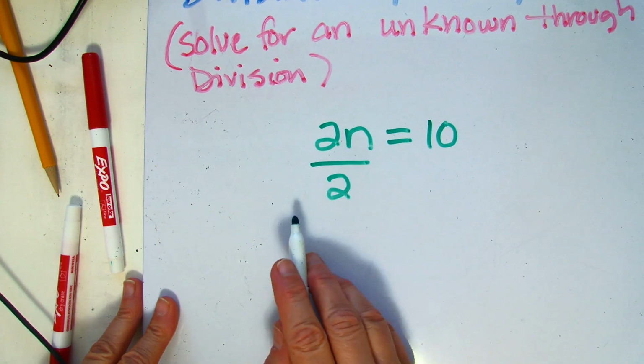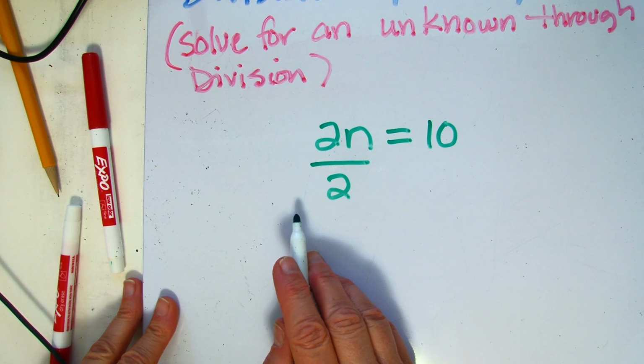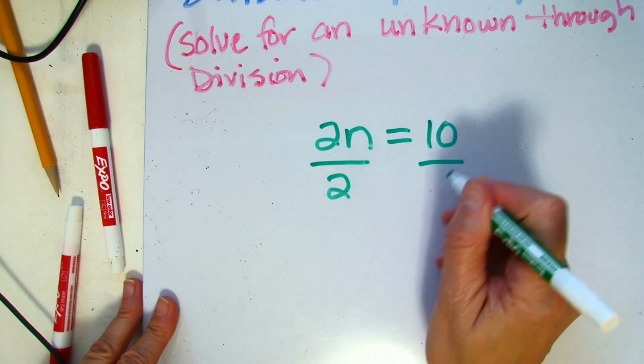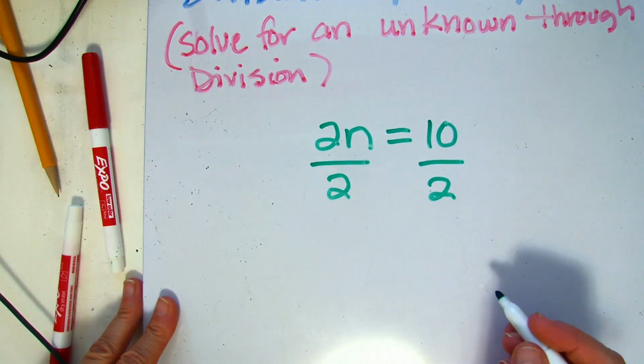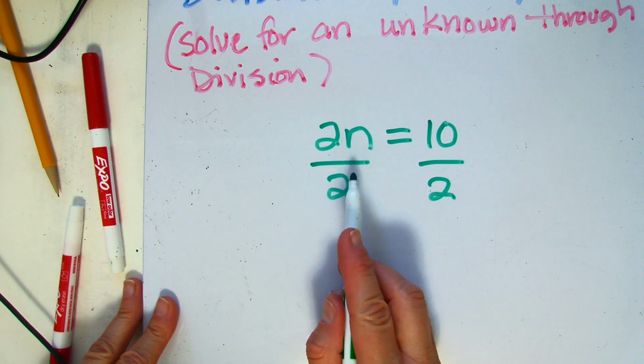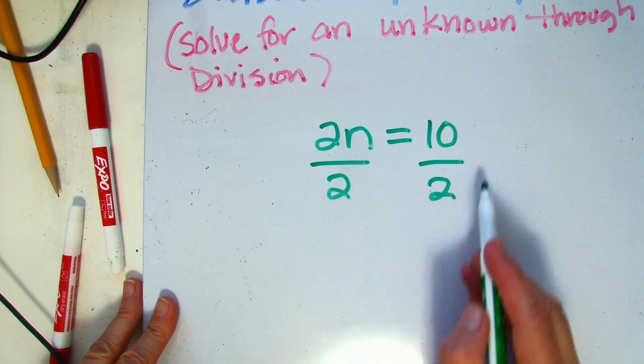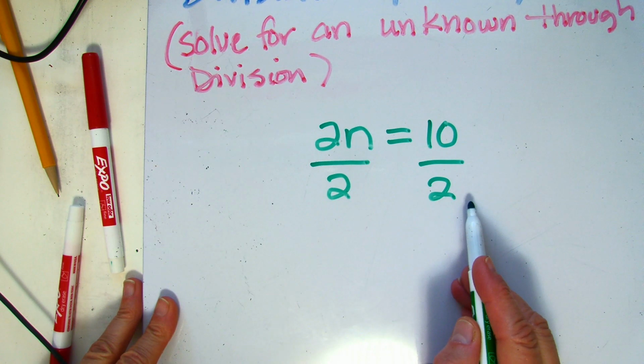Now, because we don't want to change the value of this equation, we must also divide the other side by the same amount. Now we have 2n divided by 2 equals 10 divided by 2.